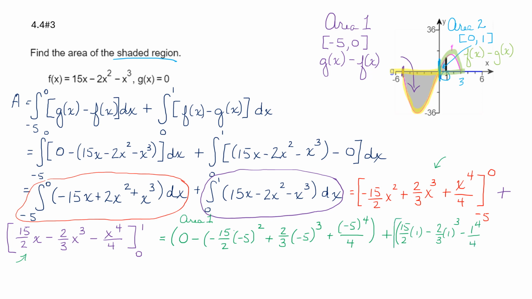And I'm going to go ahead and put a bracket here to emphasize that that's the f of x part. And now we'll subtract g of x, which is 0. So that is our area 2.